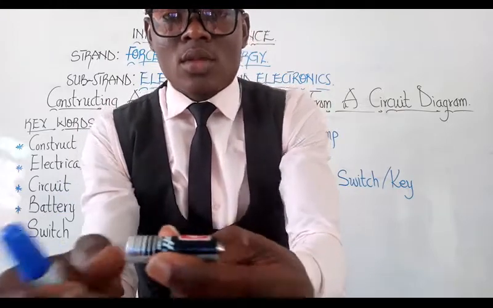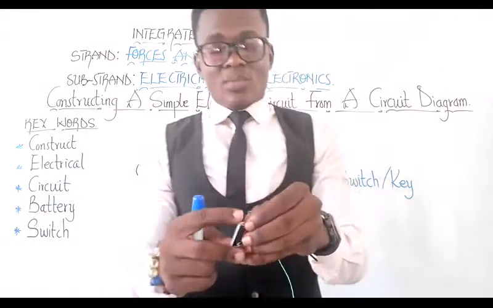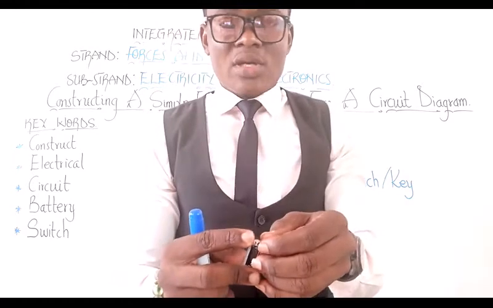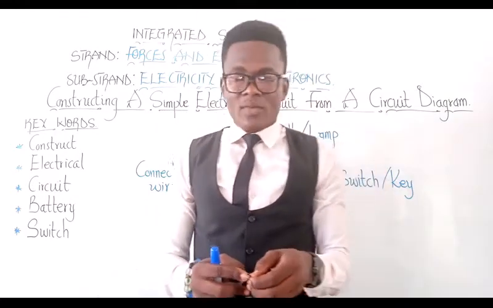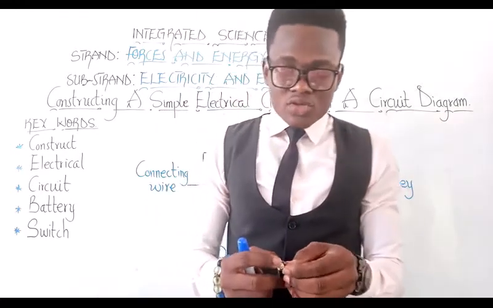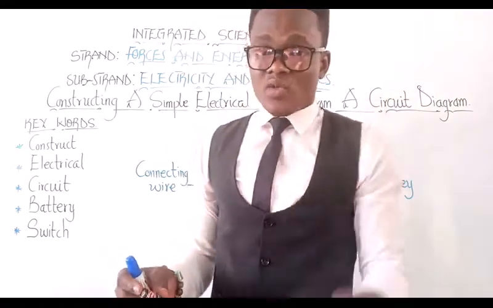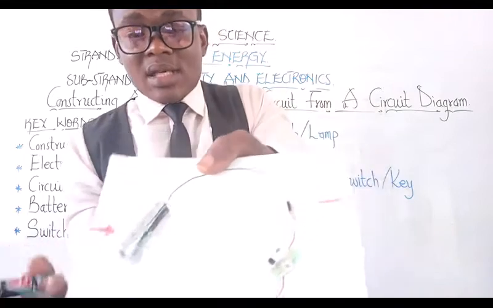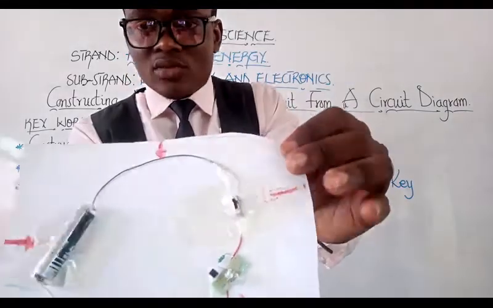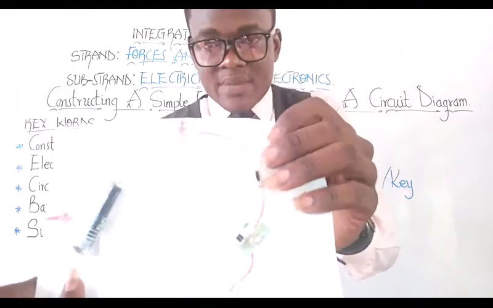So you just put it very nicely. You get a sellotape, or the black tape that you normally use, to hold it nicely. So this is an improvised one, as you can see. This one was done by me. I made it by myself.